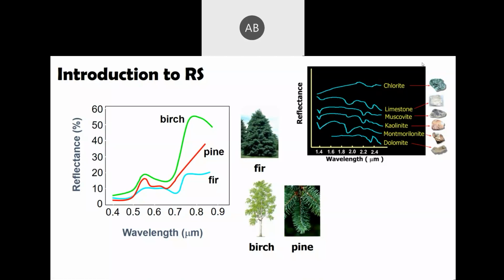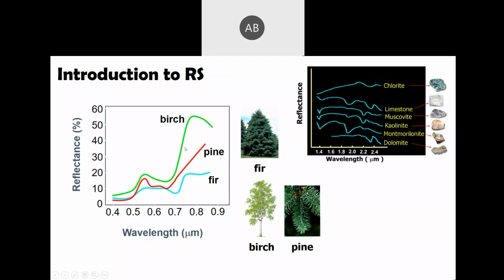So all the geology students, or anyone really interested in investigating the rock structure and minerals of a particular area of the earth, these are the spectral signatures of various minerals and rocks. If you study the image, you can determine the spectral signature of a particular pixel, a particular area of the earth, and it falls into one of these categories, and from there you can infer that it is limestone or dolomite or chlorite, whatever.